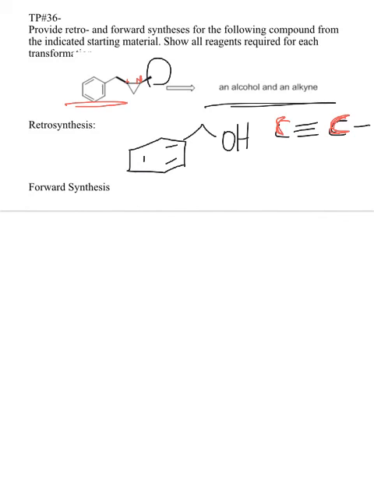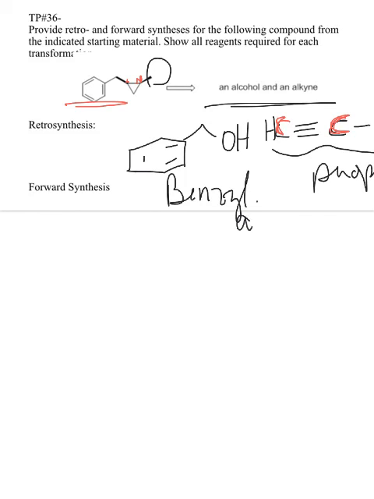Would that be an alcohol? Okay, so this is what I do. I use this alkyne, which is 1, 2, 3, which is propyne, and then this benzyl alcohol. Okay, so that's an alcohol.